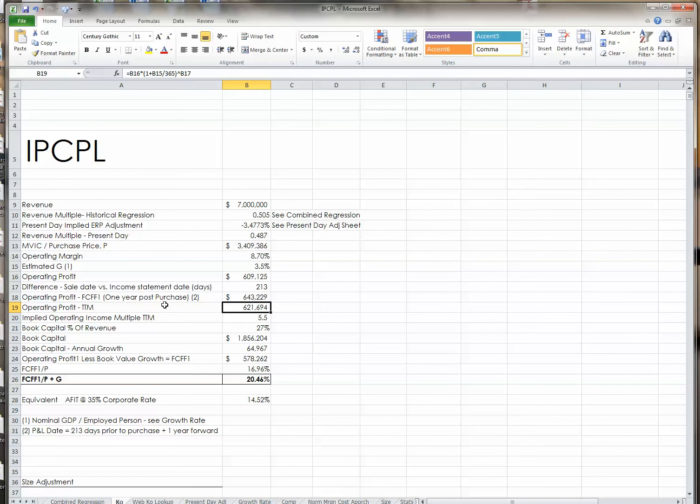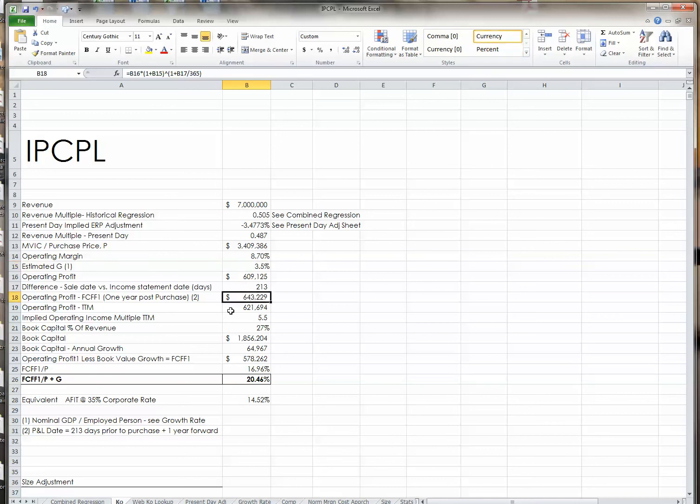So using the same 3.5%, we have operating profit of 643,000 for 1 year hence of the transaction date. Once again, all these numbers are basically using the actual lag days as determined by the transaction data given to us, using the 3.5% annual rate of growth.